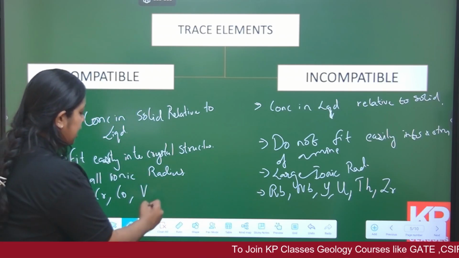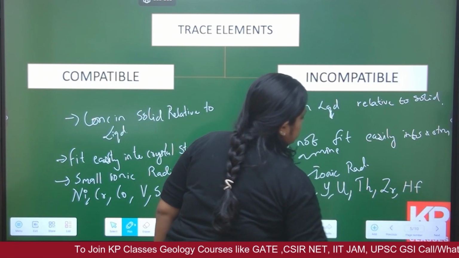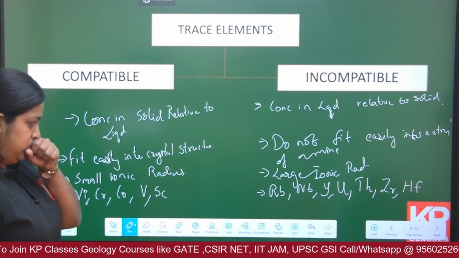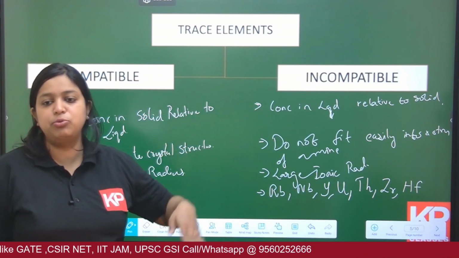Hafnium, here, scandium is also a compatible element. We can include hafnium also. So these are the compatible elements and incompatible elements.